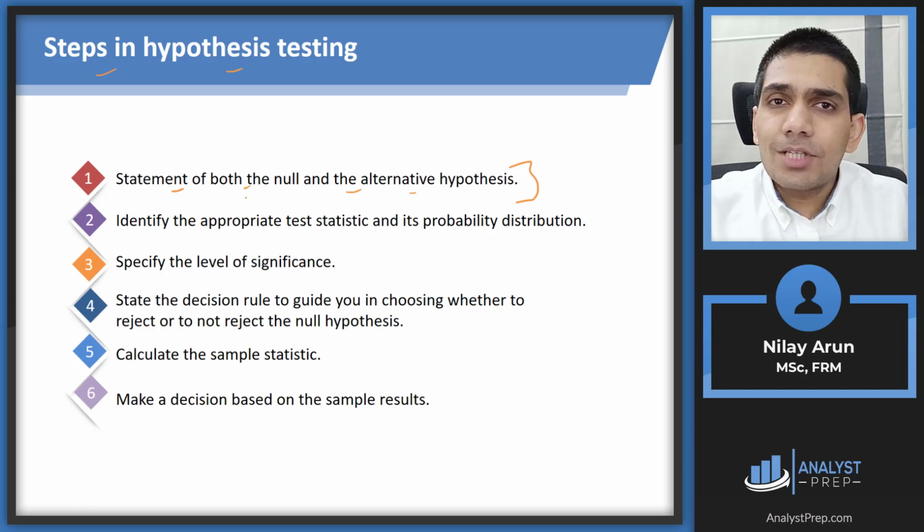Now, first is statement of both the null and alternative hypothesis. One quick way to remember what goes into the null hypothesis and what goes into the alternative hypothesis is that, remember, in null hypothesis, you will have an equal to sign. That equal to would include equal to, more than equal to, or less than equal to, right? So one of these three has to go into the null hypothesis.